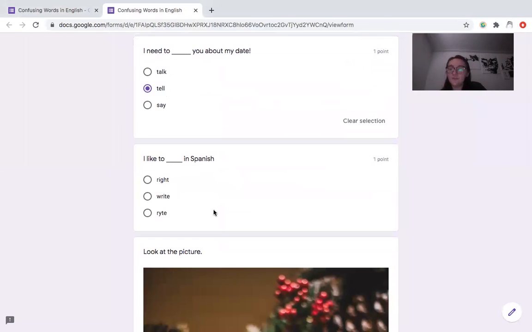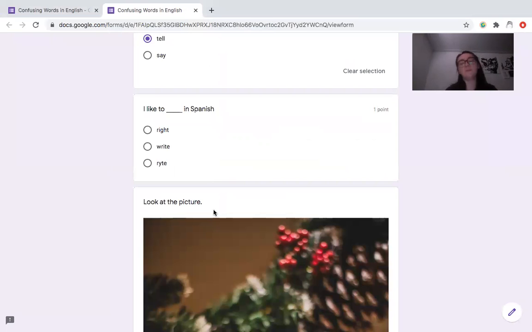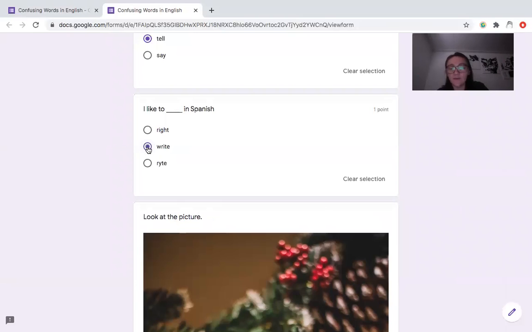All right, now these ones are pretty easy. I put them in there just because we talked about them, but this one says, "I like to write," or "right." What is it? It's "write" with a W. So this one is just about spelling. "Right," with R-I-G-H-T, means like good, that's right, or directions, you turn left or you turn right.